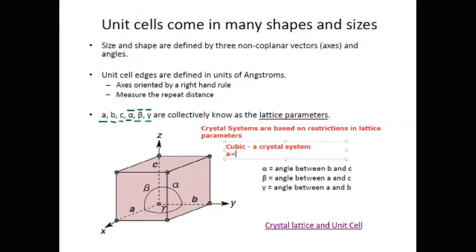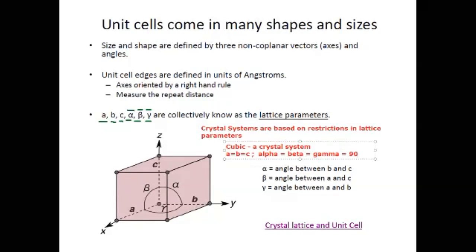A has to equal B equals C, and alpha equals beta equals gamma, which equals 90. So if your unit cell fits these restrictions, it's going to be a cubic unit cell.